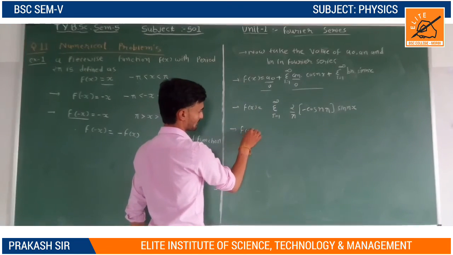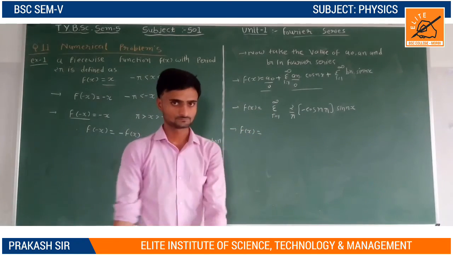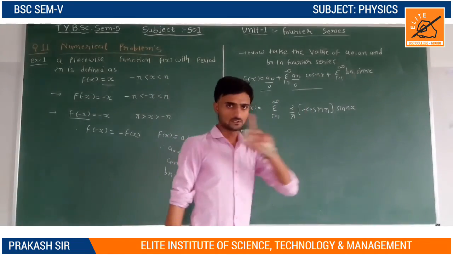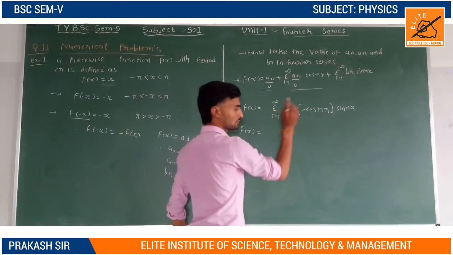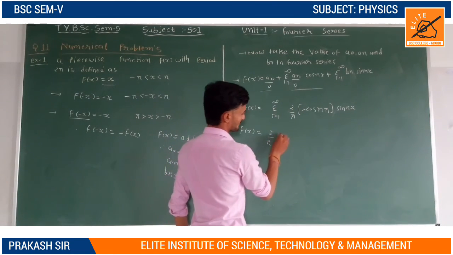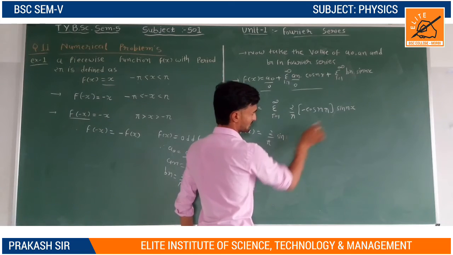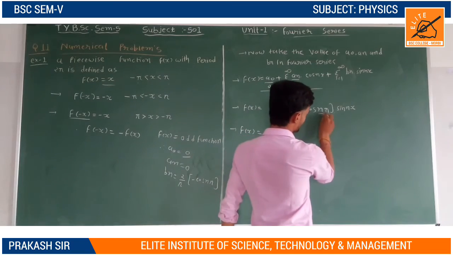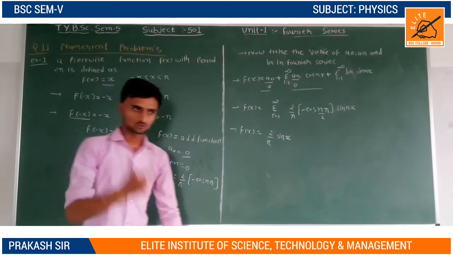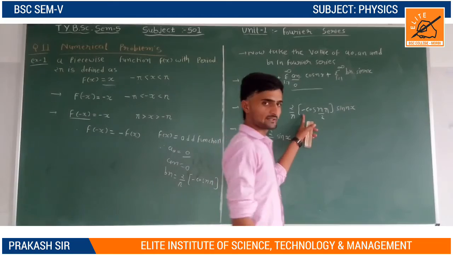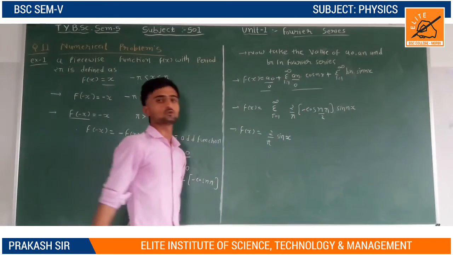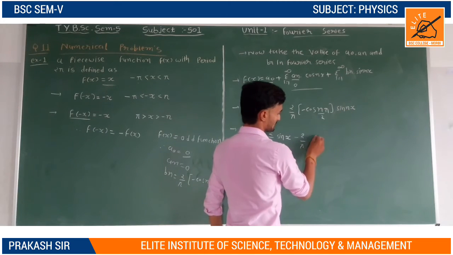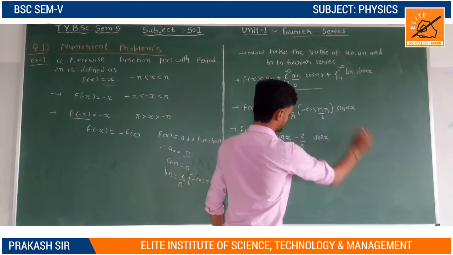First, n is 1, cos pi is minus 1, so minus 1 into minus gives plus 1, into 2 upon pi sin x. And second, n is 2, cos 2 pi is plus 1, into minus 1, gives minus 2 upon pi sin 2x.